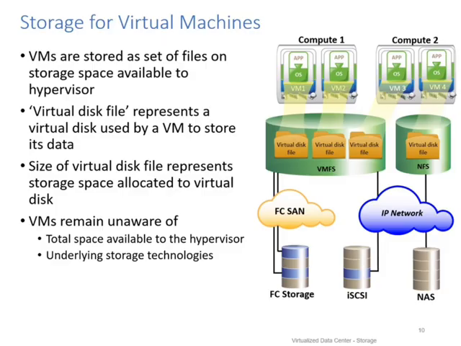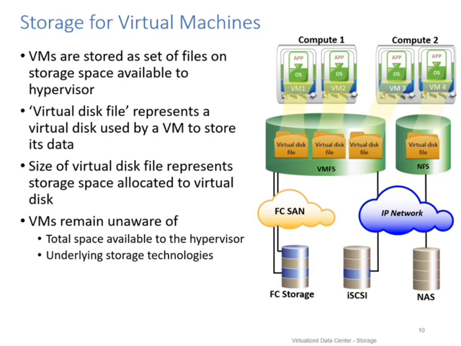A virtual machine is stored as a set of files on the storage devices assigned to the hypervisor. One of the files, called virtual disk file, represents a virtual disk which is used by a VM to store its data. The virtual disk appears as a local physical disk drive to the virtual machine.